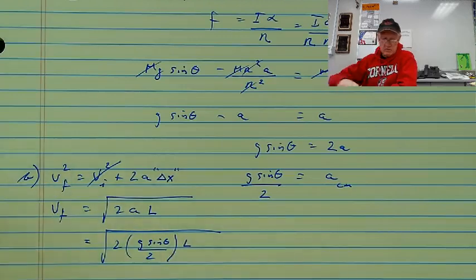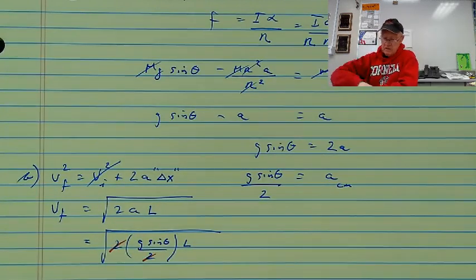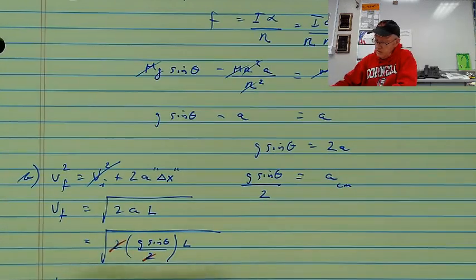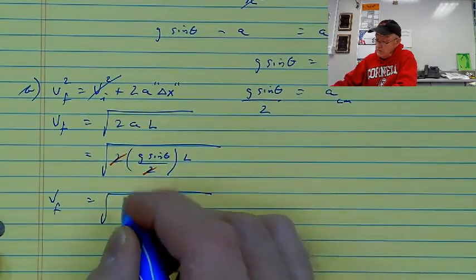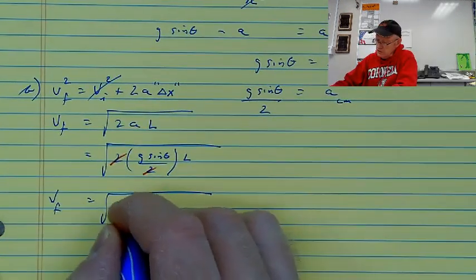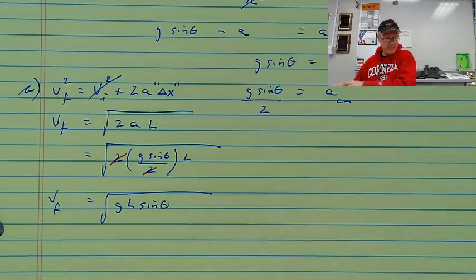The 2's can go away. And I have v at the end of the ramp. Oops, I'm off the screen there. v at the end of the ramp is equal to the square root of, how about gL sine theta. Okay? And all the work that we've done so far is worth 8 points.